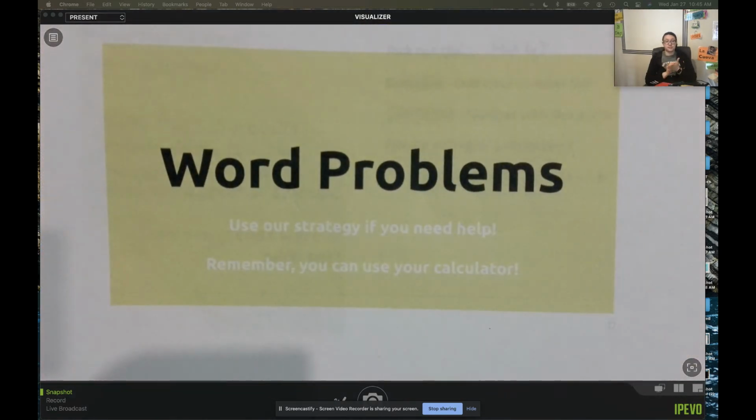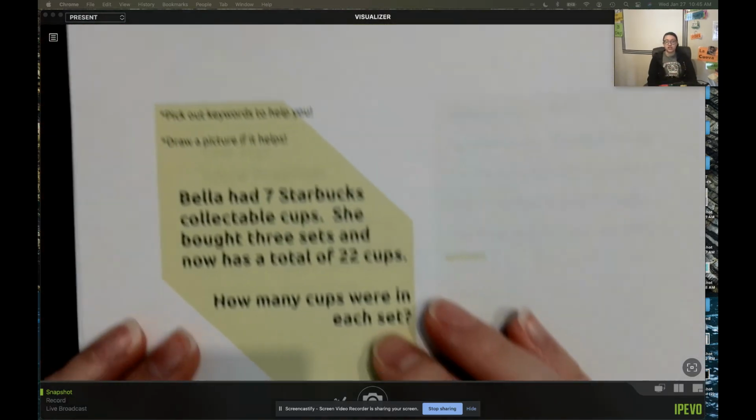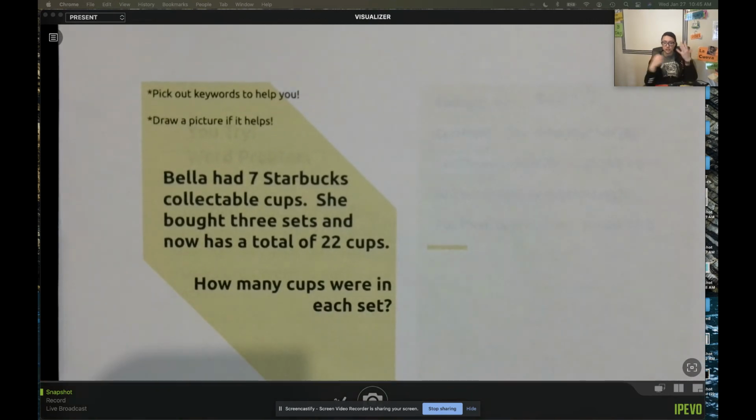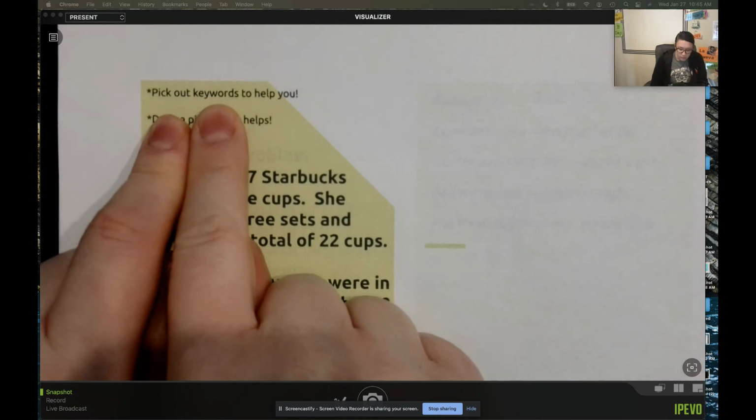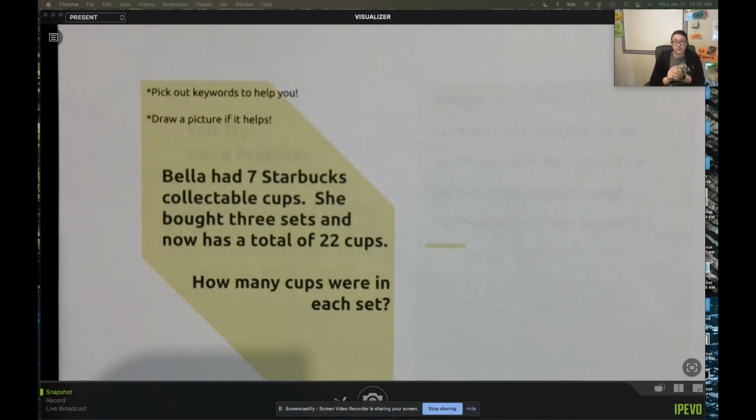Word problems. I have a strategy that I've been teaching my kids that we went over when we did one of our number sense routines in the morning was doing a word problem like this. Again, if you have your own strategy that works for you, use that strategy. Otherwise, I'm going to go over one to help you. So we want to pick out keywords and we want to draw a picture if that helps.